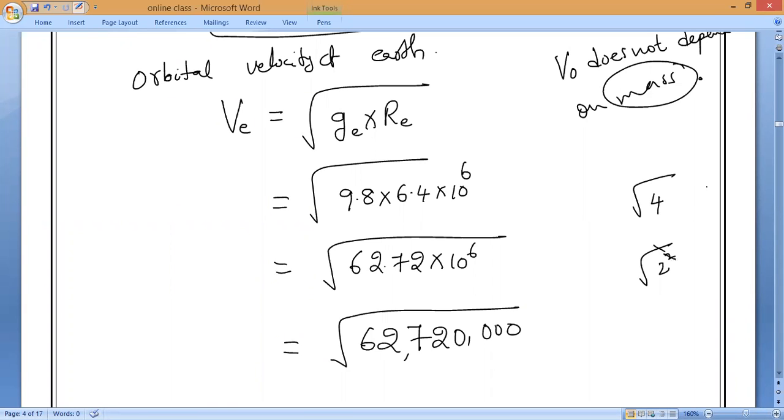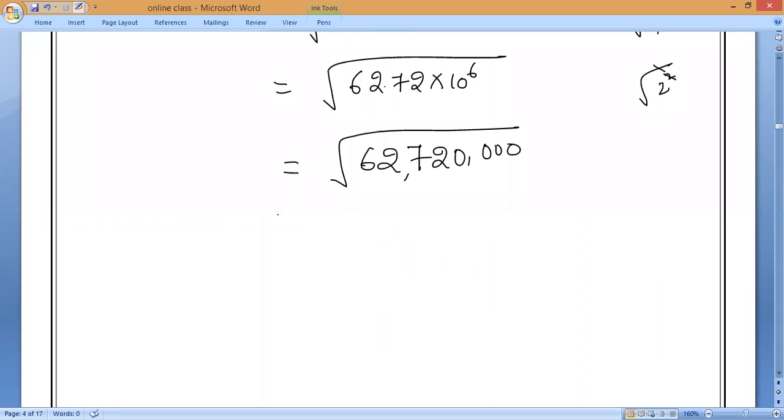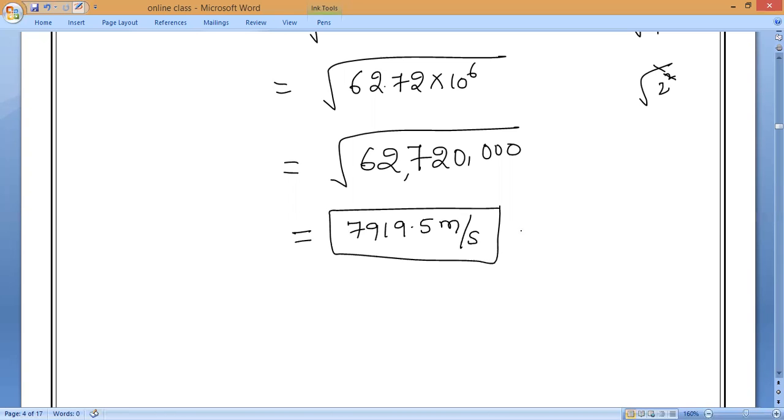What is the root 4 value? 2. In the same way, if you take the root of this value, you get approximately 7,919.5 meter per second, or 7.9 kilometer per second. This is the orbital velocity of Earth.